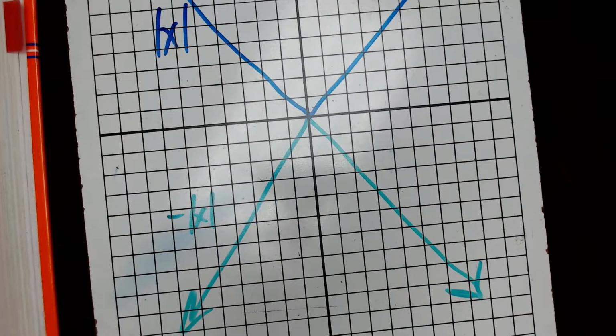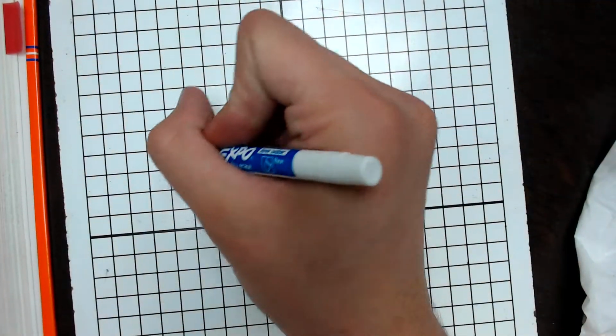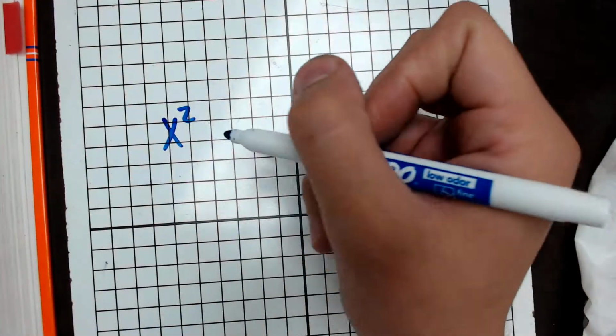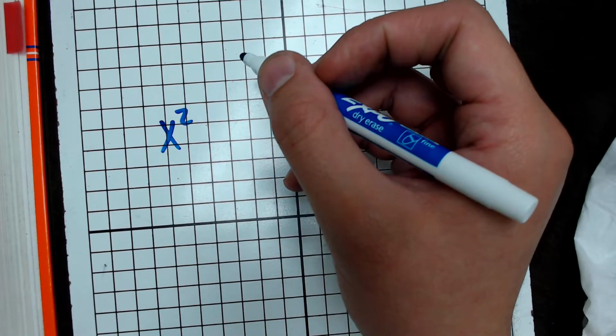Oh, quadratic functions. So the first graph that I showed you, x squared.